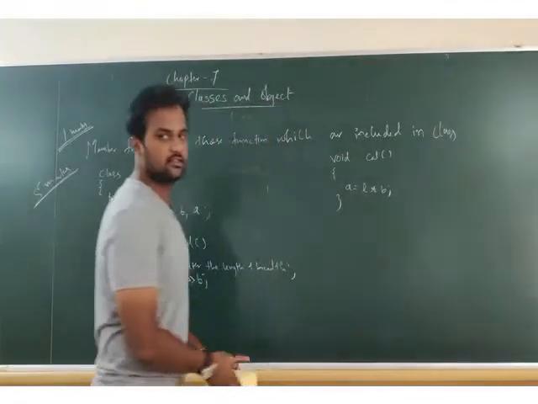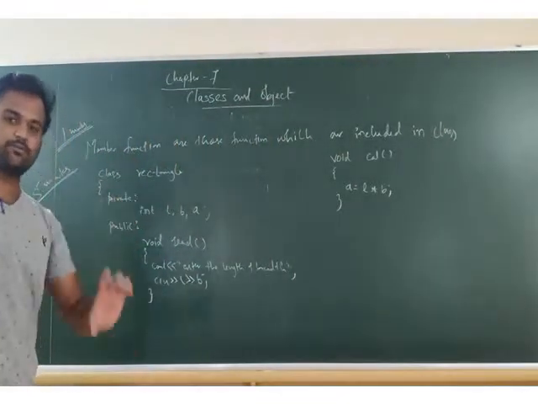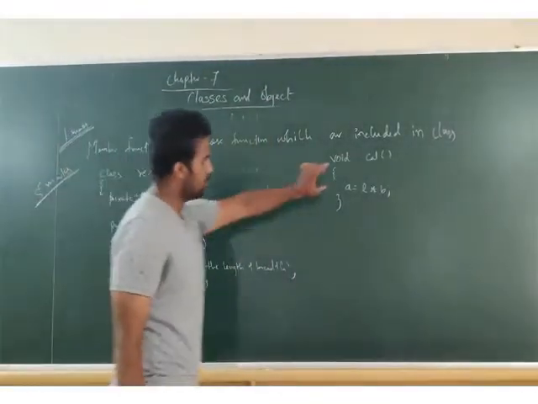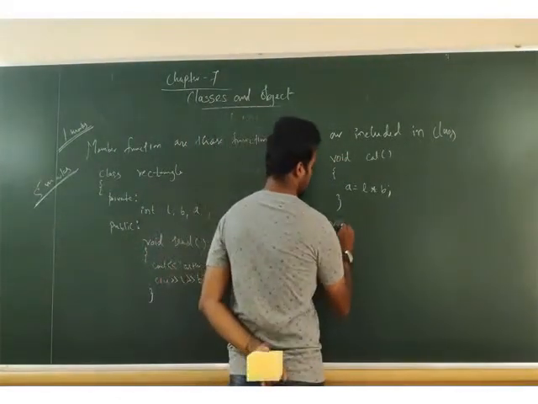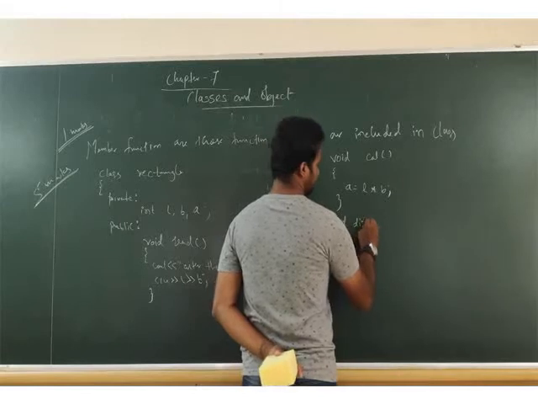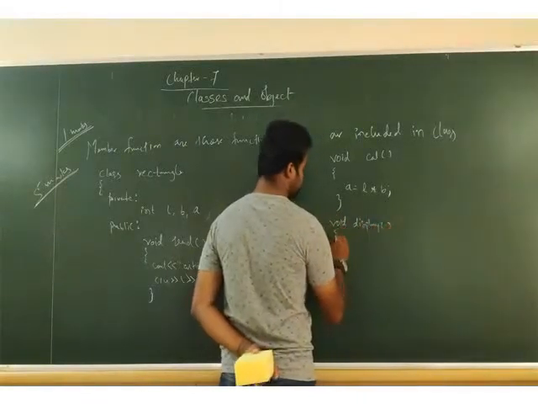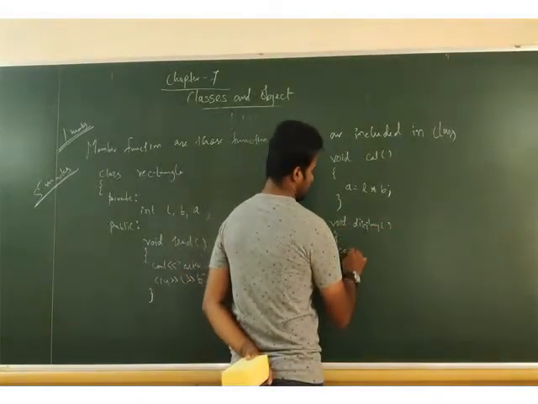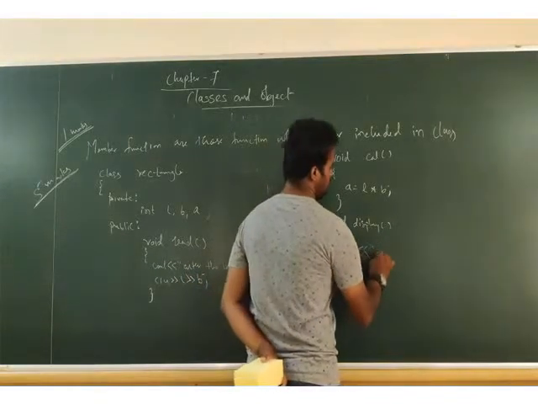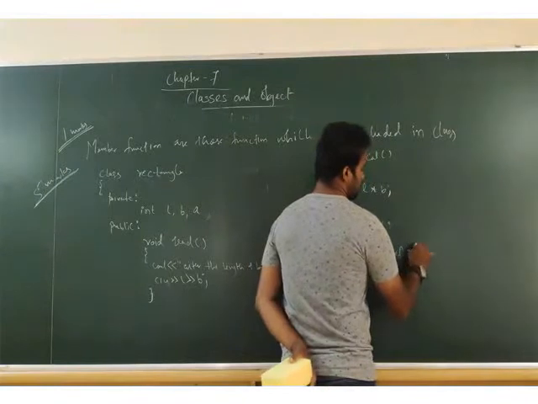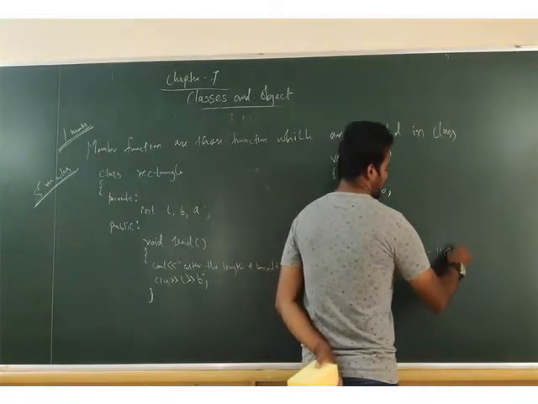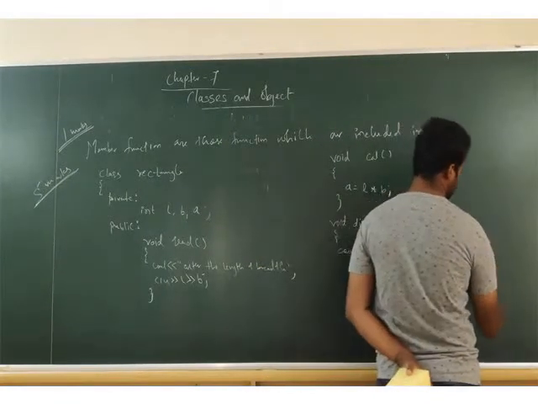Very nice. Small logic problem. First we read, then we calculate, then we display. Void display. Cout, area of rectangle is equal to A. Right?